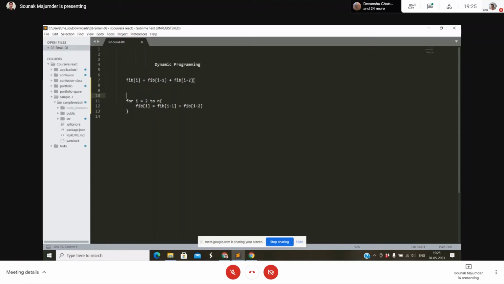Fibo of 0 will be 0 and Fibo of 1 will be 1. So now for every step we have the previous two states calculated in this array Fibo, and for every state we are calculating the present state, which will act as a sub-problem for the next states. So it is just a 3-line problem for the Fibonacci.